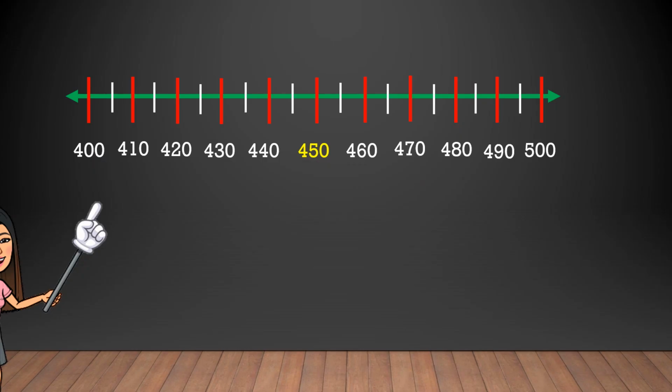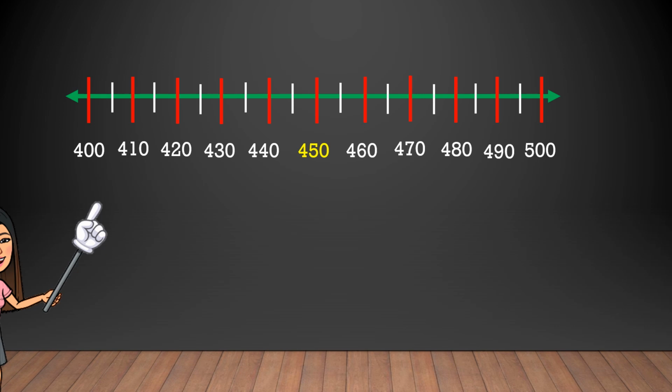Para mahanap natin ang estimated 100 meters ng distance ng bahay ni Clyde sa paaralan, tayo ay guguhit ng number line na may dalawang endpoint na 400 at 500. Ito ay may midway o ang gitna na 450.